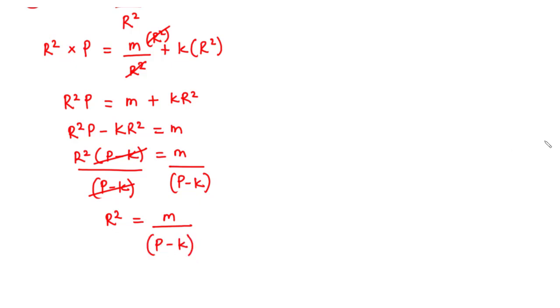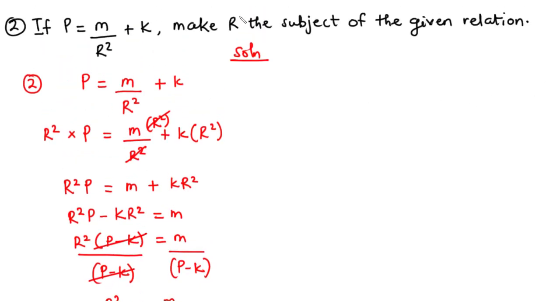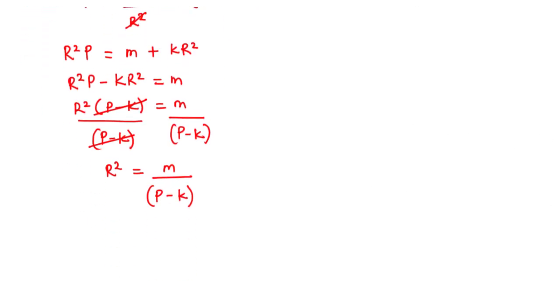Now notice that from the question we are supposed to make r the subject. However, we have r squared here. So to make r the subject, we need to apply the inverse of square, which is square root. So we take the square root of both sides of the equation.